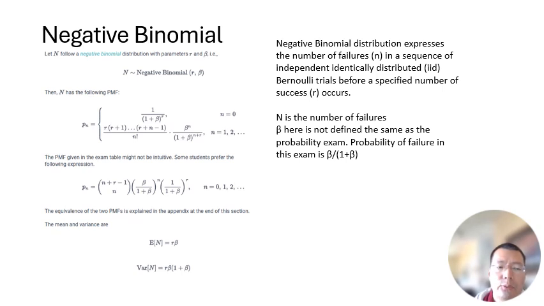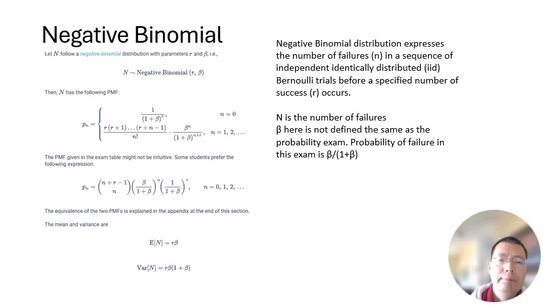How many failures will I have before we stop? The number of failures is n. So the total number of games we play will be n plus r.